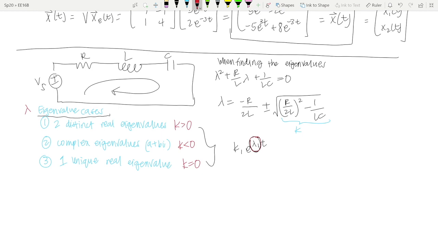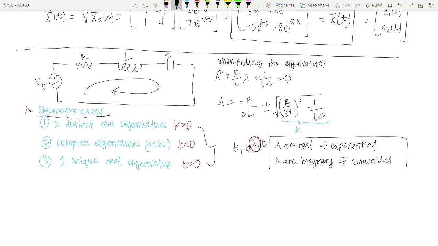So if your lambdas are real, then your resulting function will be an exponential, while if your lambdas are imaginary, then it would become a sinusoidal, based on how sinusoidals are described and presented in exponential form.